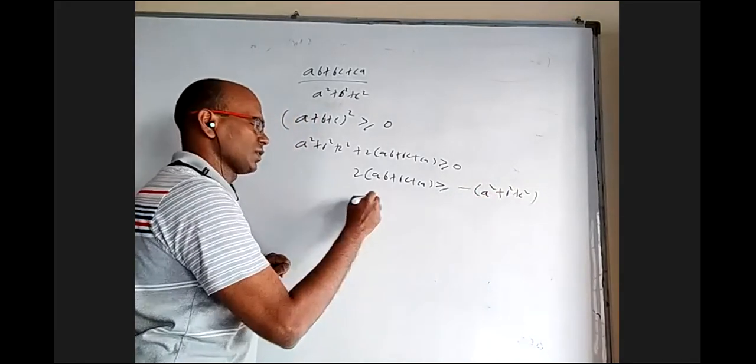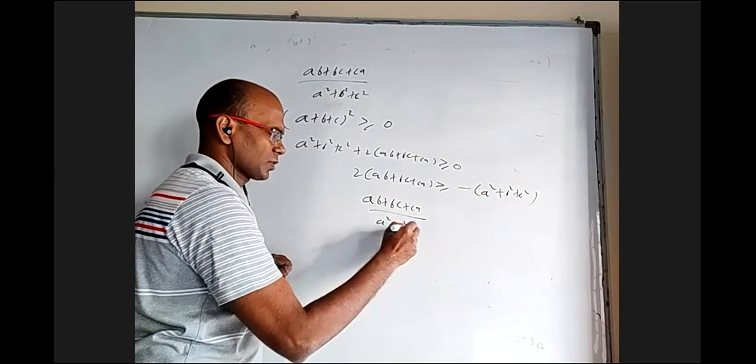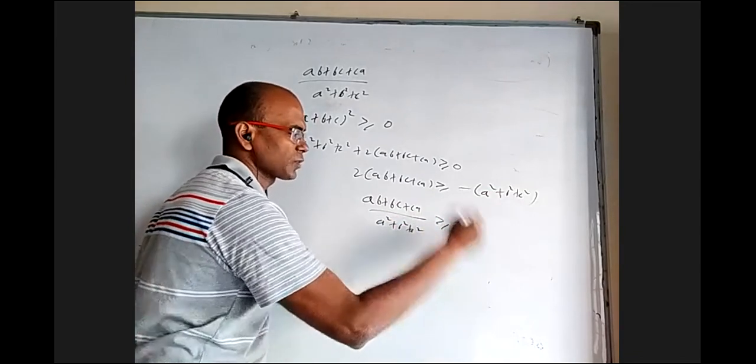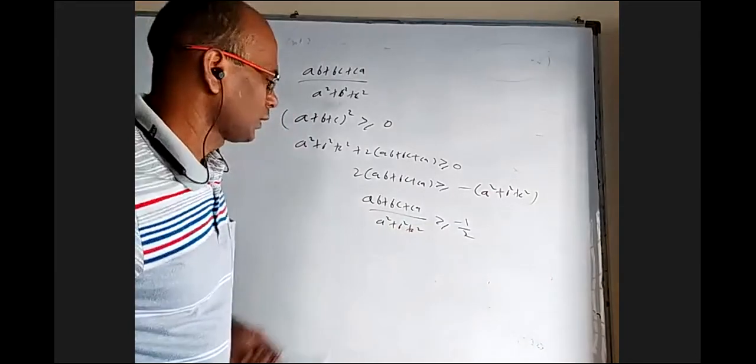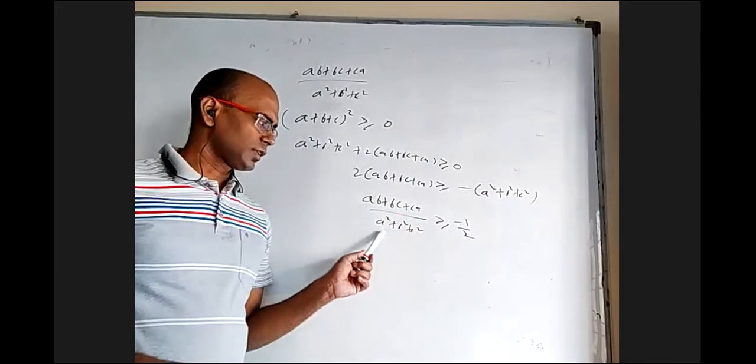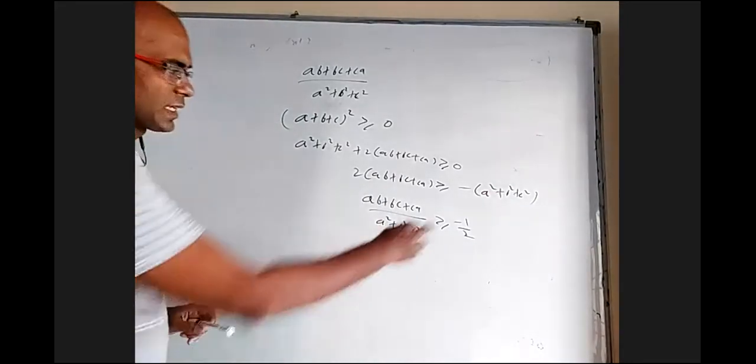Divide here, we are going to get ab plus bc plus ca by a square plus b square plus c square is greater than or equal to minus 1 by 2. It can be equal to minus 1 by 2 also. And it can be negative because this denominator is positive, but the numerator can be negative. That's why. So this gave us the minimum value.